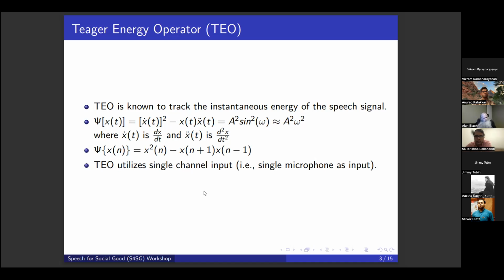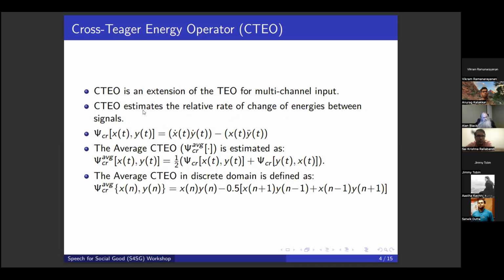Here, the TEO utilizes the single channel output, whereas the CTEO, that is the cross-trigger energy operator, which is an extension of the TEO, utilizes the multi-channel input for the feature extraction. Extending the TEO framework to the cross-trigger energy framework, psi of x of t with y of t is given by the product of the derivatives of the respective signals minus x of t into the double derivative of the second signal.